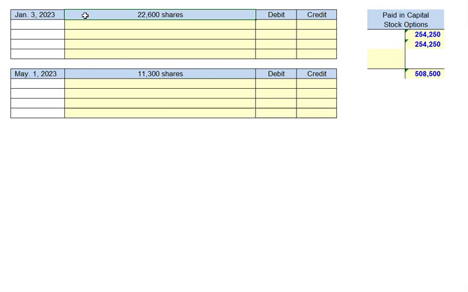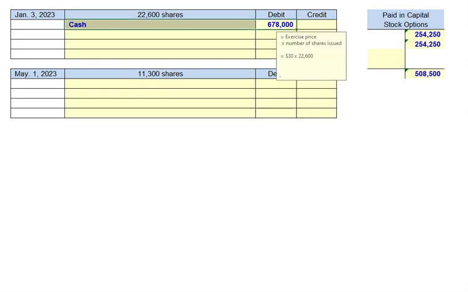of their options, or 22,600 shares. The market price of the stock doesn't matter to the company from an accounting perspective, but it would certainly matter to the employees. They're not going to exercise the options if the stock price is lower than the exercise price per share. So let's go ahead and see what happens. We're going to receive cash.